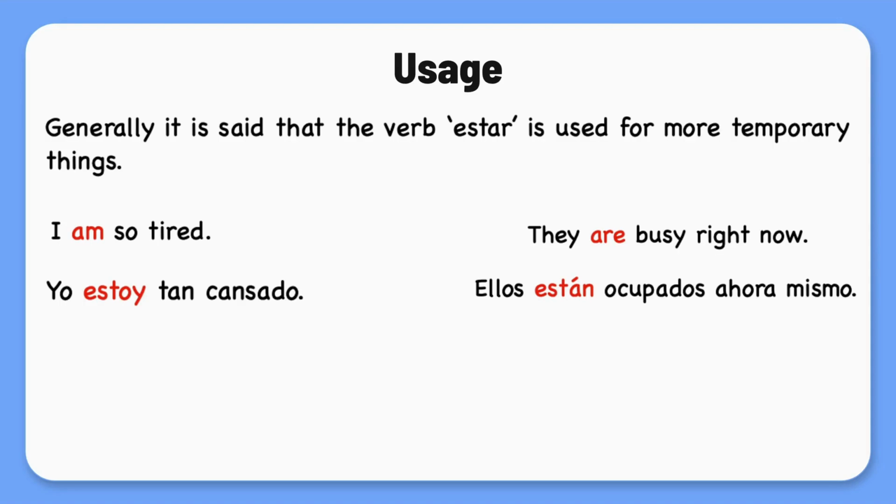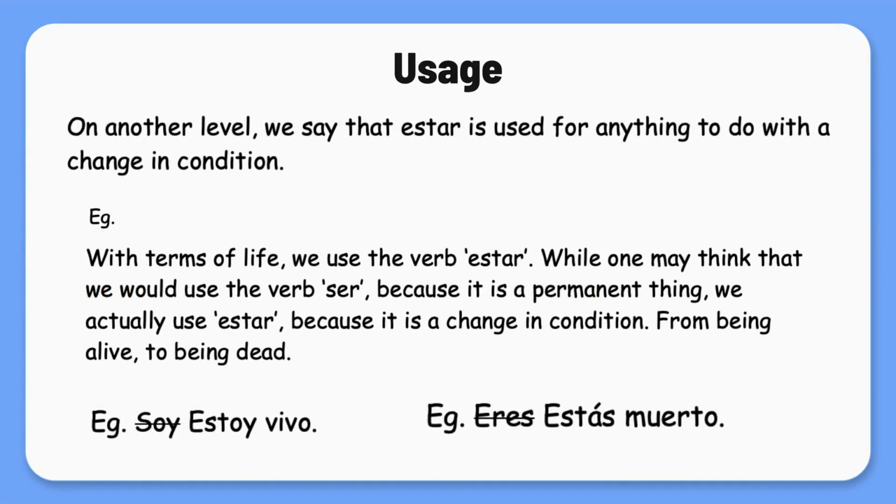It is a condition at the moment. But you being funny, for example, or being an interesting individual, is not based on condition. That is a characteristic, and in that case you would use the verb ser, because those are permanent characteristics that describe you.